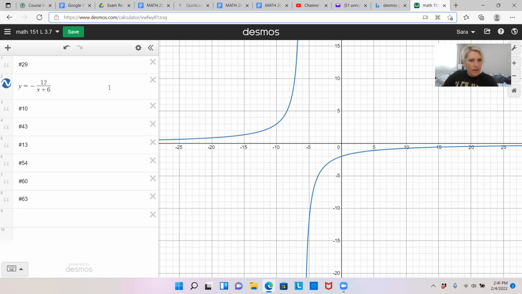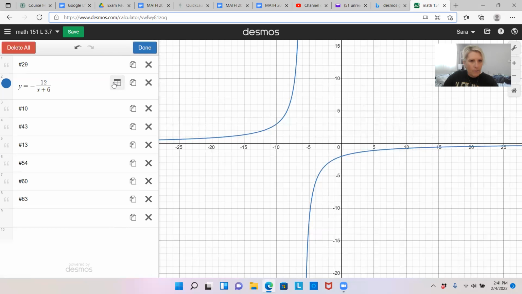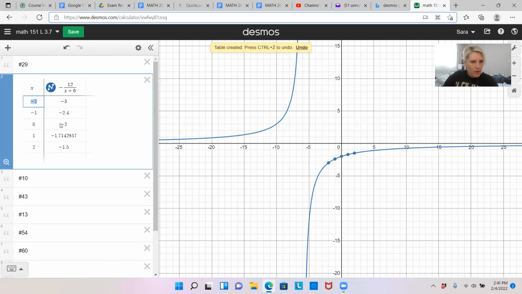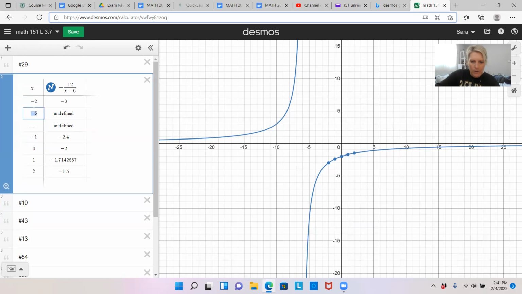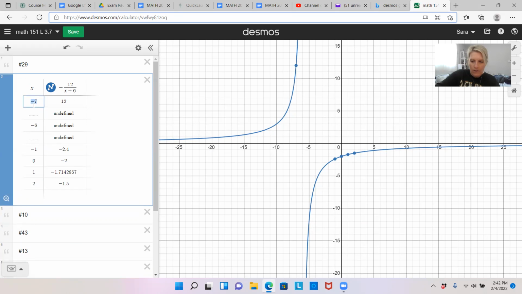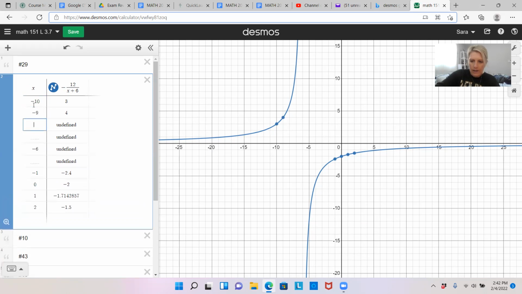And you can also see that if you were to go to the line over here where you typed your function and convert it into a table, you can put in a negative. We could go up here and hit -6 there, and then make the ones up here -10, -9, -8, -7.